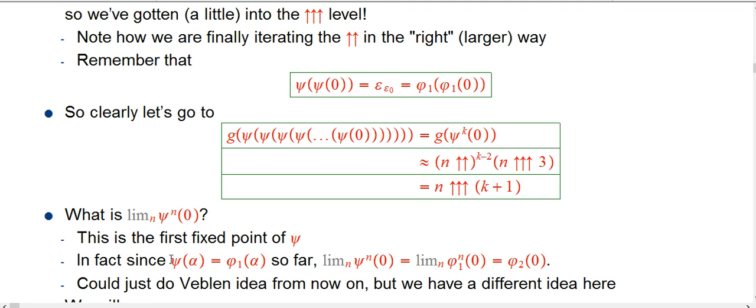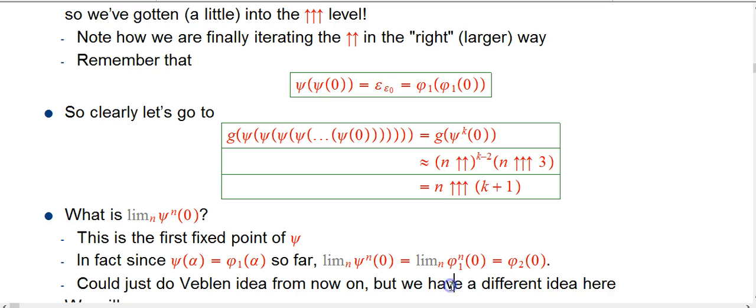So this isn't anything new, really. This is exactly what Veblen would say. He'd say, well, duh, this is by definition what I'm supposed to do. You've been working with phi1 the whole time. You've been calling it psi, but it's not anything new so far. And guess what? The limit of this iterated is exactly how we've been told to define phi2 of 0, the first fixed point of the phi1 function.